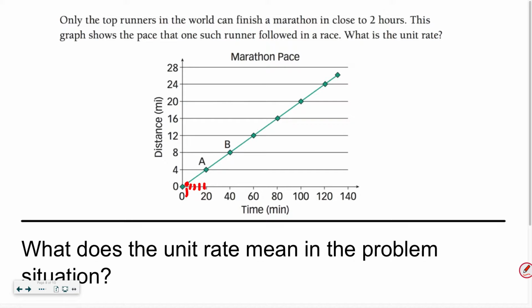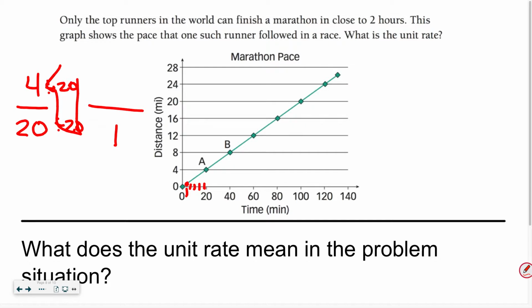So 4 to 20 is how much to 1? If I divide both here by 20, which is my big 1, then that's my 1/5. So on this line, and it's way zoomed in here, when x is 1, y is actually 1/5. Every point on that line fits the same relationship.